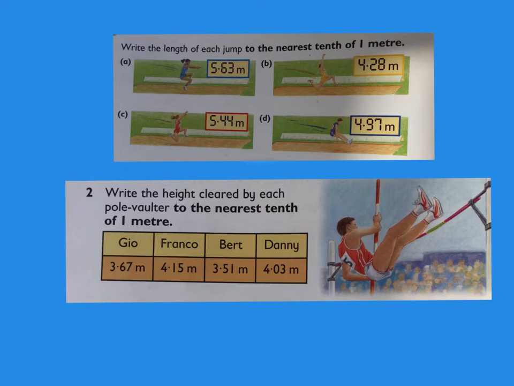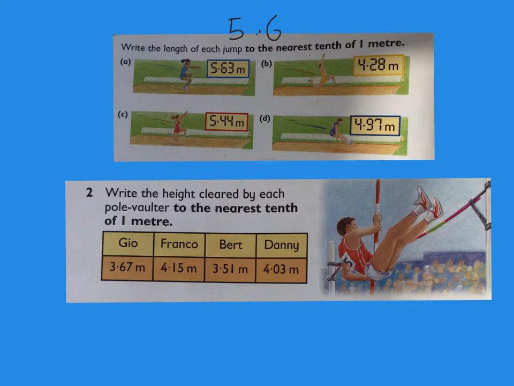So for the first one, rounding 5.63 metres to the nearest tenth of a metre is 5.60, and therefore it's recorded as 5.6, okay? 4.28, so would it be 4.2 or 4.3?